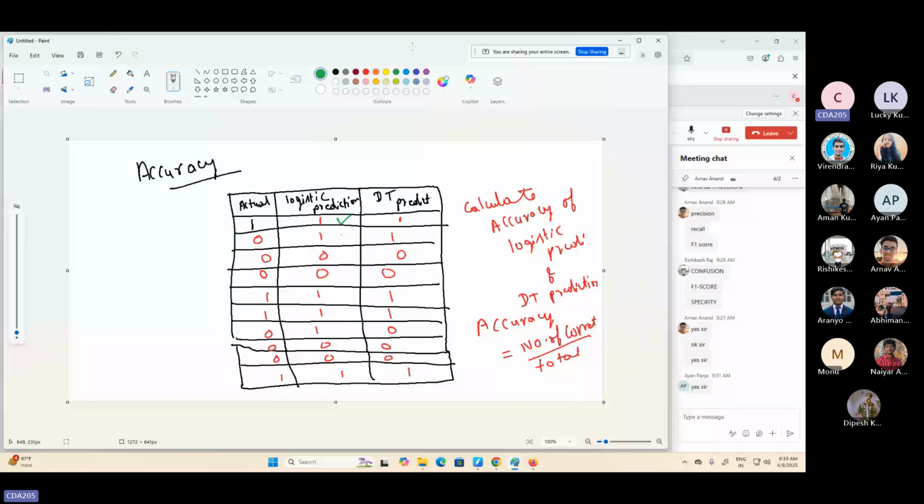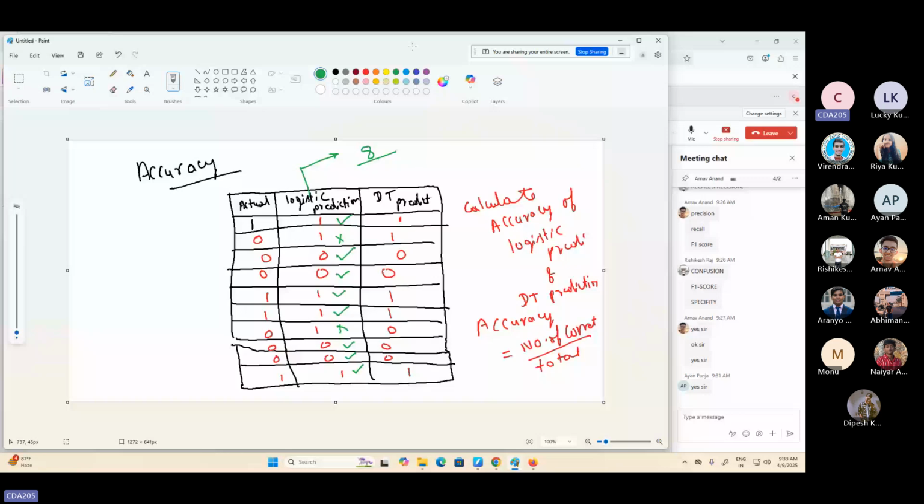Actual 0, logistic prediction 0, correct. 0 0 correct. 1 1 correct. 1 1 correct. 0 1 wrong. 0 0 correct. 0 0 correct. 1 1 correct. So how many corrects are there? 1, 2, 3, 4, 5, 6, 7, 8. The number of correct predictions is 8.